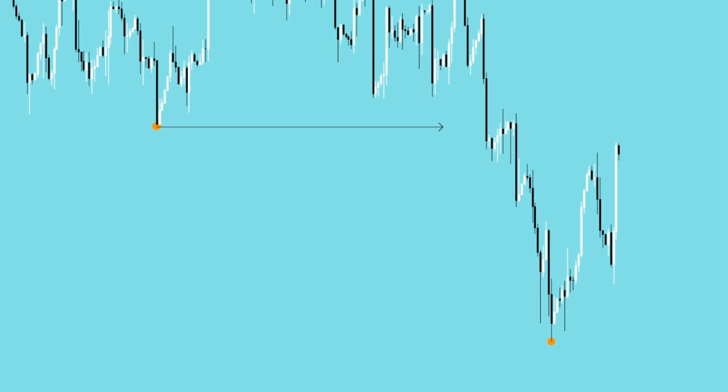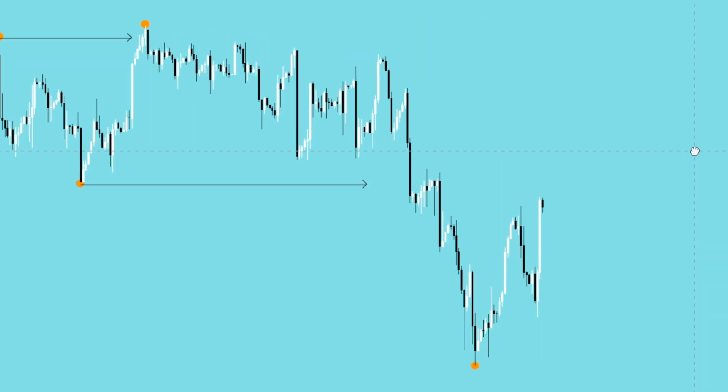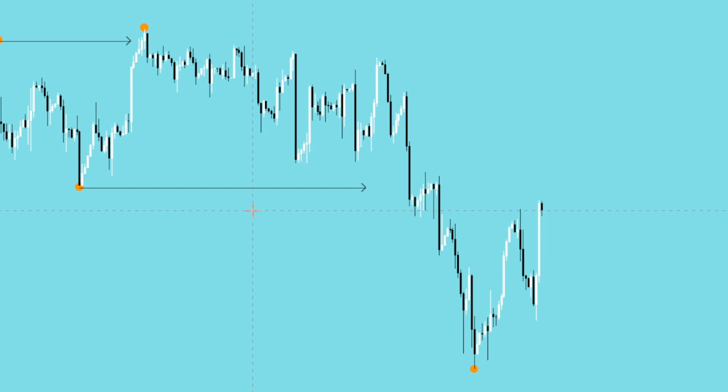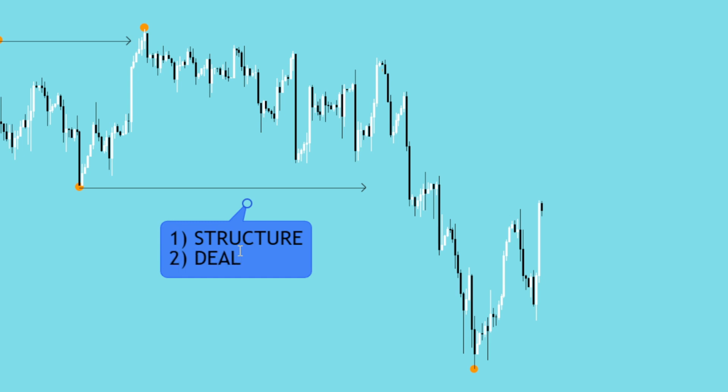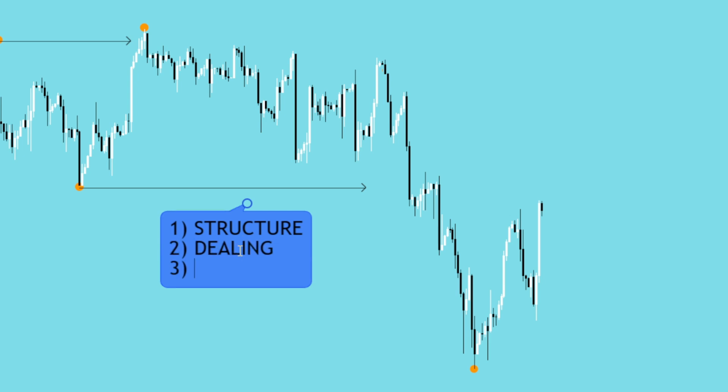And so from here, we need to understand there's 4 things we look at when it comes to understanding the narrative in price. The first is our structure, which I've just depicted. The second is our dealing range. The third is the premium and discount arrays, or the PD arrays.